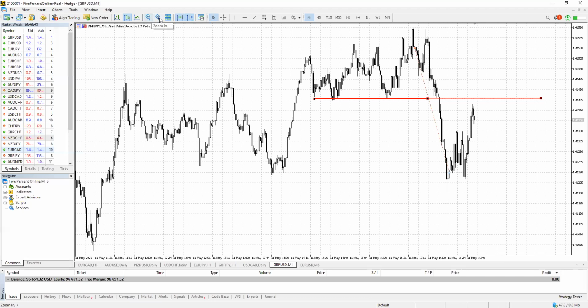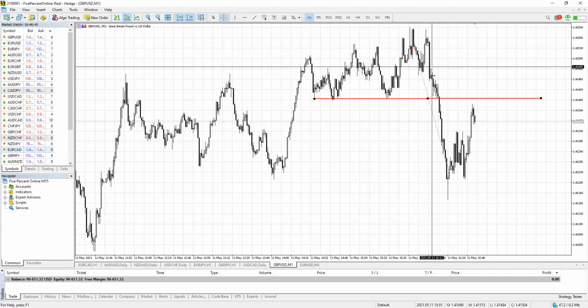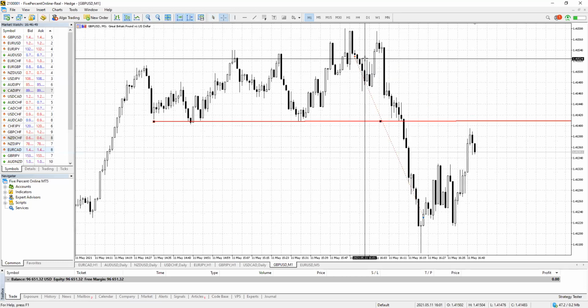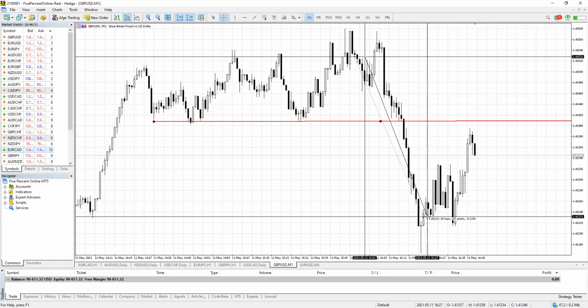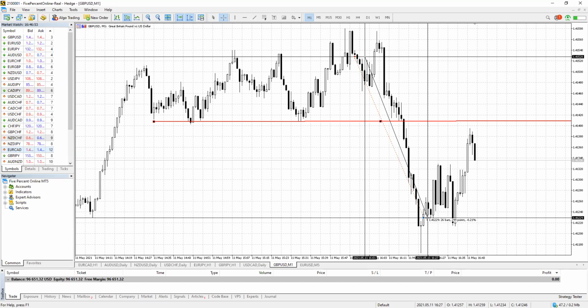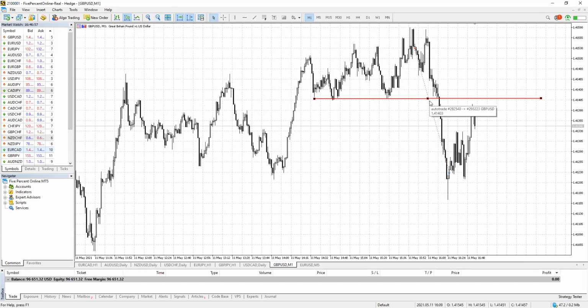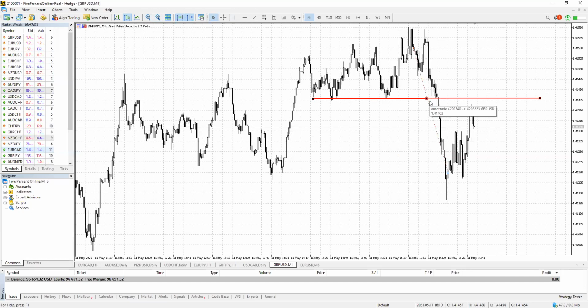What was that? 30 pips, which is not bad when you're trading off a 5-minute or 1-minute chart. That was a 6 pip risk trade. So that was a 5-to-1 risk reward trade. So that was good.